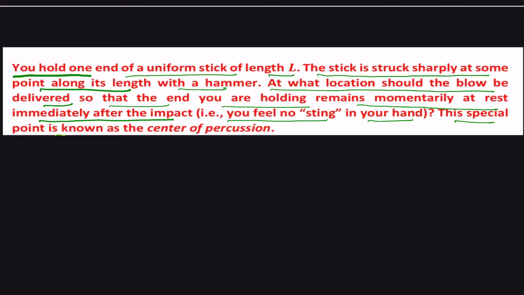This special point is called the center of percussion. Normally, as soon as we hit the stick we are going to feel the reaction on our hand. That is called a sting, and that point is called the center of percussion. And we are supposed to find out what that distance will be.